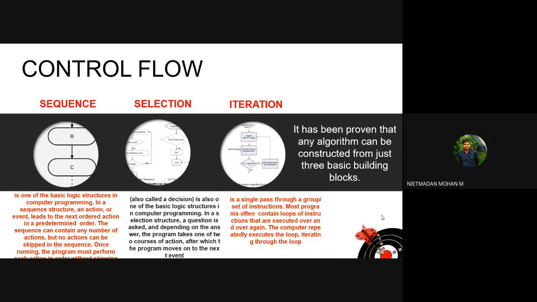If the condition is false, then you go for another statement. I will explain with an example also. In a sequence, the program is in sequential order, with no need of jumping from one case to another. In selection, the condition is checked. If the condition is true, we go for one statement. If it is false, we go for another statement. So this is the difference between sequence and selection.